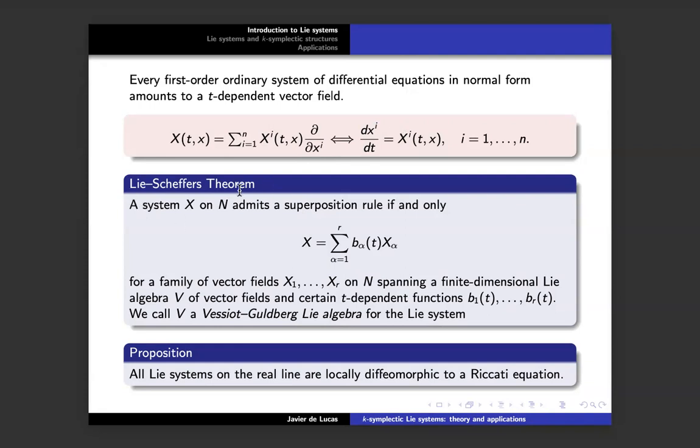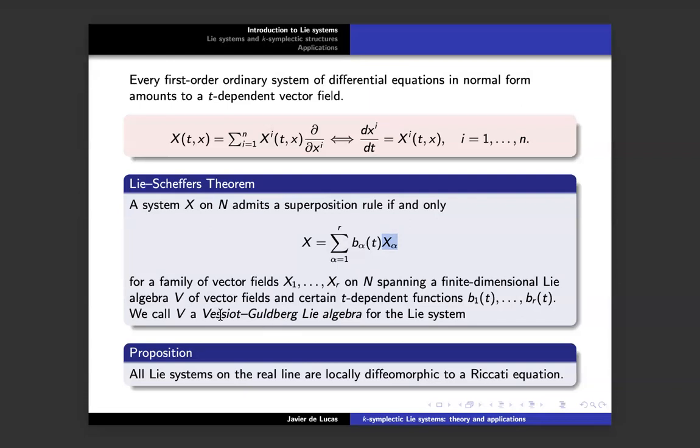So the Lie-Scheffers theorem is a theorem that characterizes Lie systems. A system X, I mean the non-autonomous system of first-order differential equations in normal form related to the time-dependent vector field, admits a superposition rule if and only if it can be written as a linear combination, with time-dependent functions, of a certain basis of vector fields spanning a finite-dimensional Lie algebra of vector fields.